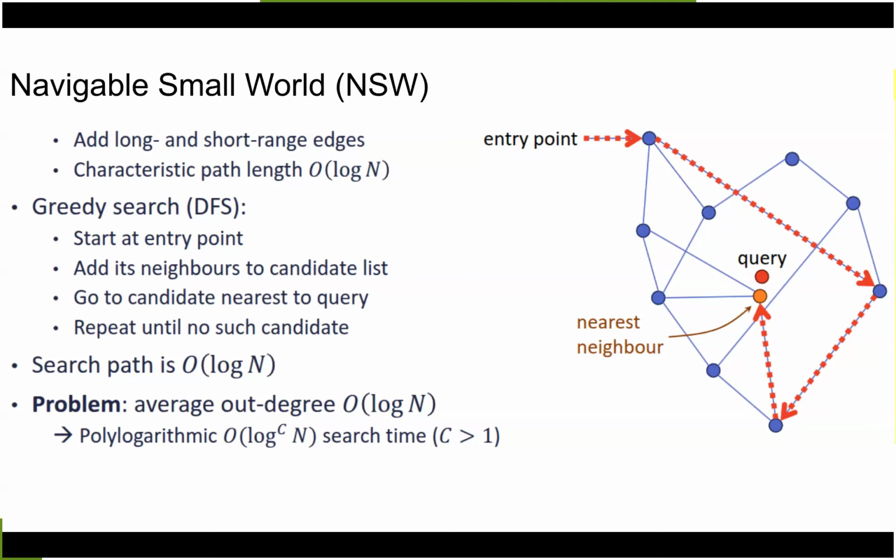People really care about tail latency in database systems. So it's not perfect. We need to fix some problems with it. But the idea is, again, to remain in log scale, log n time in the search path, but at the same time connect each node to not that many nodes in the graph.